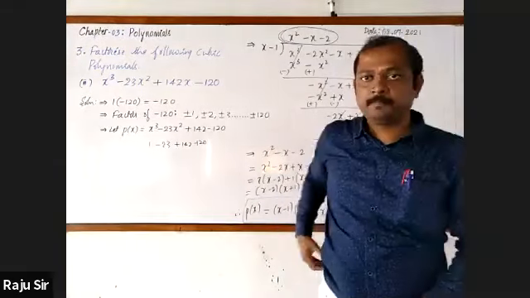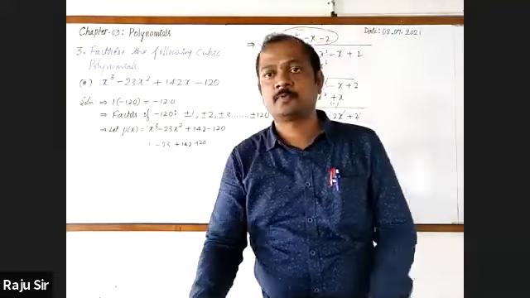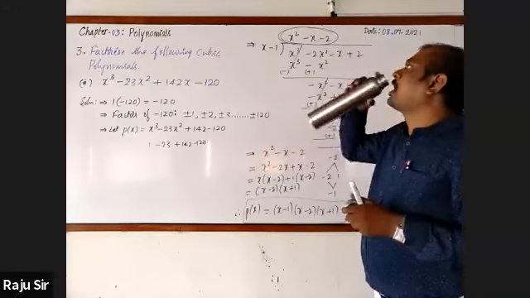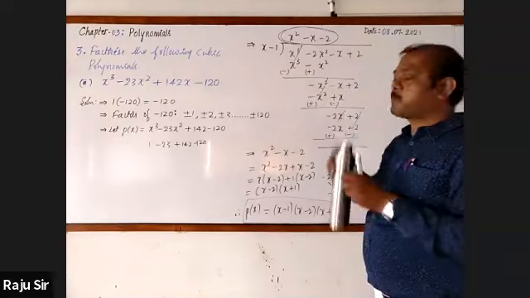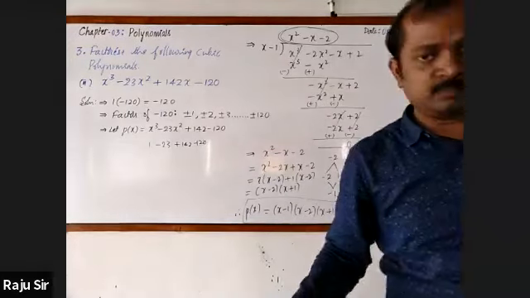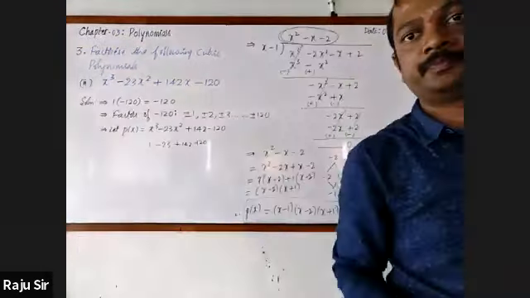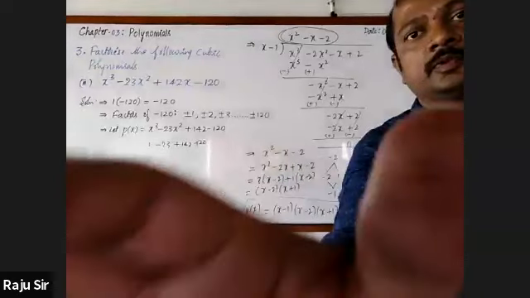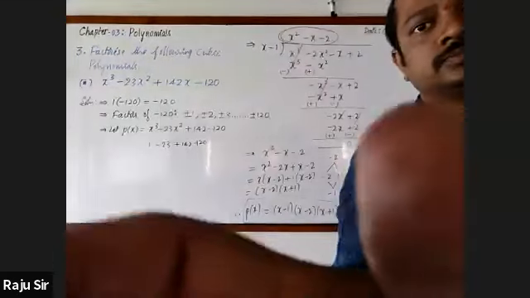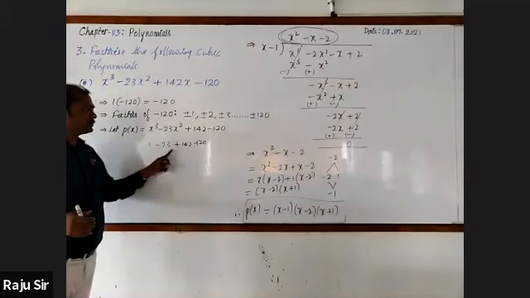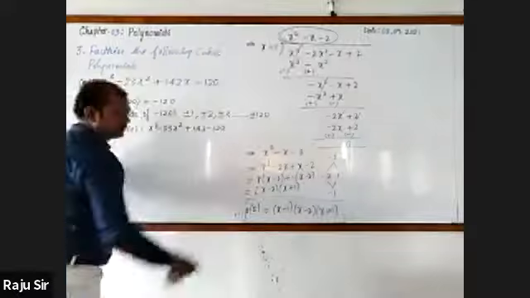Will it come? No, sir. Huh? Yes, sir. It will come. See that 142 plus 1, 143, minus 23, minus 120, minus 143. The two will cancel. It comes.